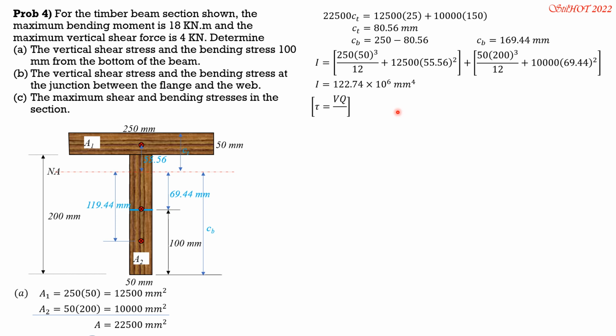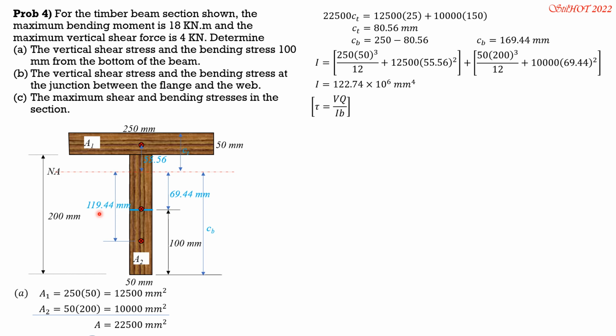Then the shear stress formula, VQ over IB, where shear V is 4,000 newtons. For Q, as I said, we consider this area here. It is equal to the area of this portion below this section, which is 50 by 100, and its distance to the neutral axis is 119.444.